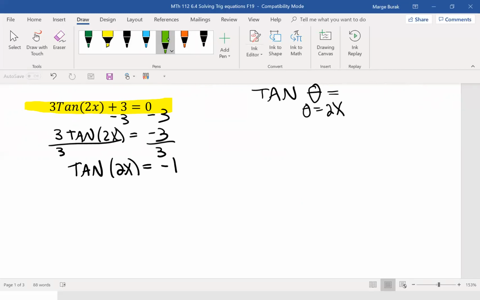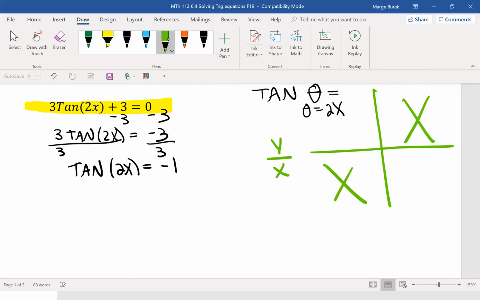Okay, so now let's look at our unit circle. And the tangent to be -1 means that since the tangent is y over x, they have to be equal. And they can't be in this or this because that's where the tangent is positive. So we're looking for an angle right here and right here in quadrants 2 and 4.